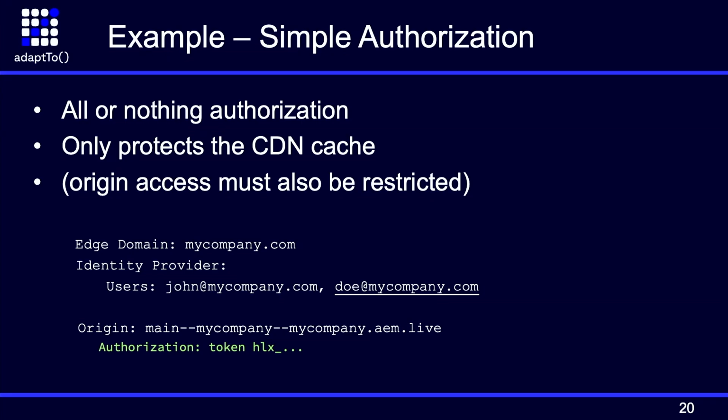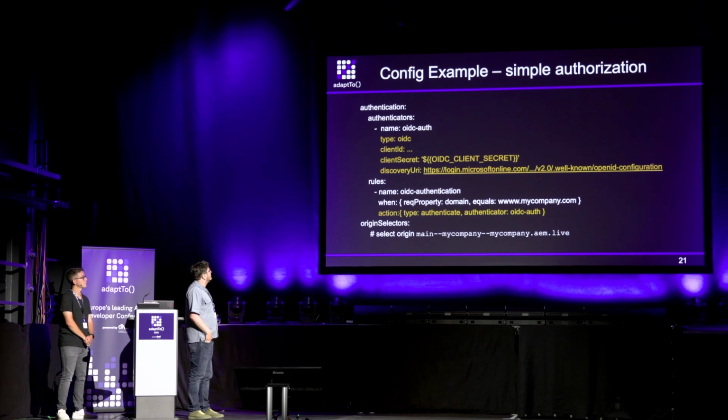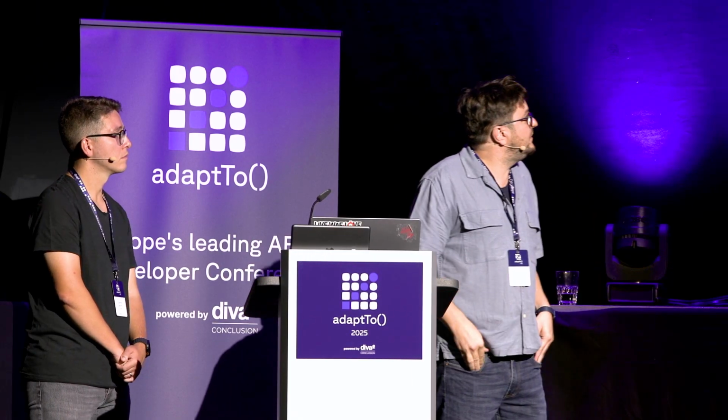And to configure this, you do it with our classical CDN rules. We introduced last year the authentication section, which has authenticators. We had basic authentication supported already. Now we introduced a new type of authenticator, which is the OIDC Authenticator. It requires a few information about the IDP, the client ID, client secret, and discovery URI.